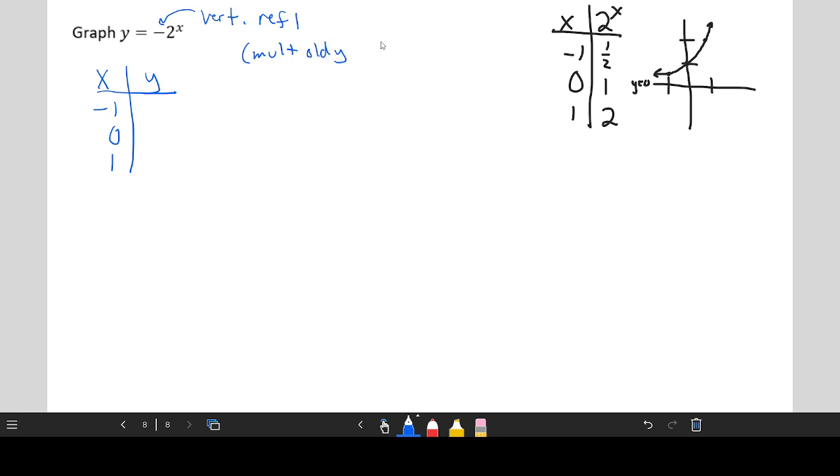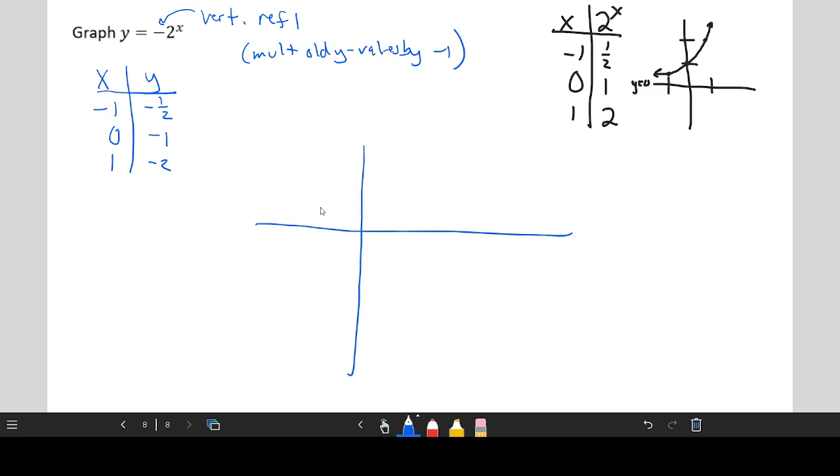Multiply the old y values by -1. So since all the y values were positive, now they're all going to be negative because we took all those positive numbers and multiplied them by -1.